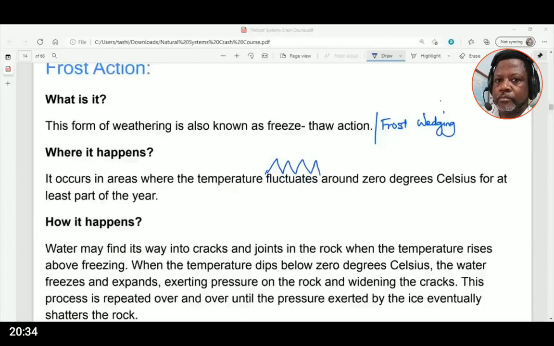And of course, as the summer comes, the ice melts and the water will sink further down into the cracks in rocks. And the process repeats itself from season to season. And so this is the principle that is being explained here by this fellow CXC teacher.